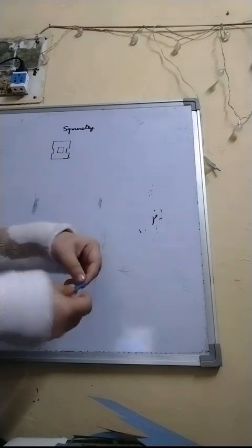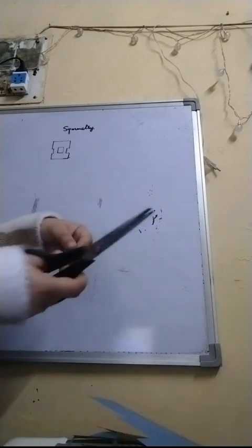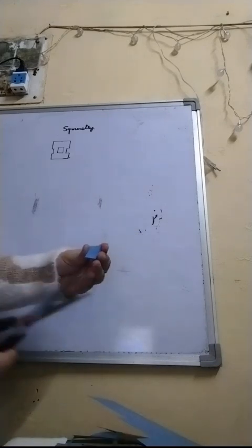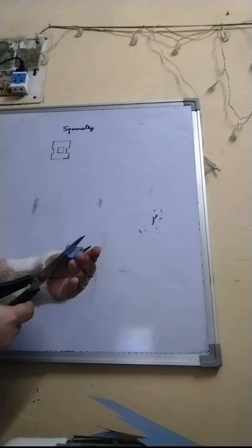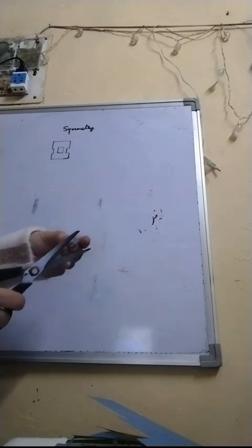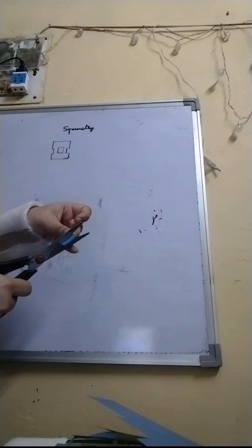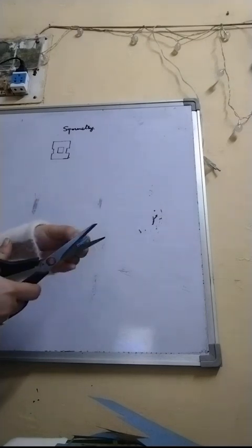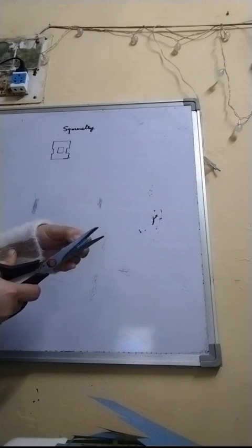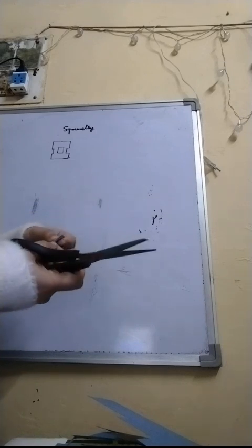So when you get the another fold, now what you have to do is cut equal segments at the center. When you cut equal segments, then you will get a square. So it is like this.